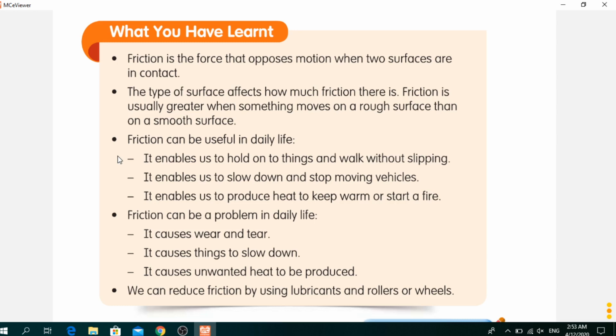Because it enables us to hold on to things and walk without slipping. So we can walk because of friction. And it enables us to slow down and stop moving vehicles. It also enables us to produce heat to keep warm or start a fire.